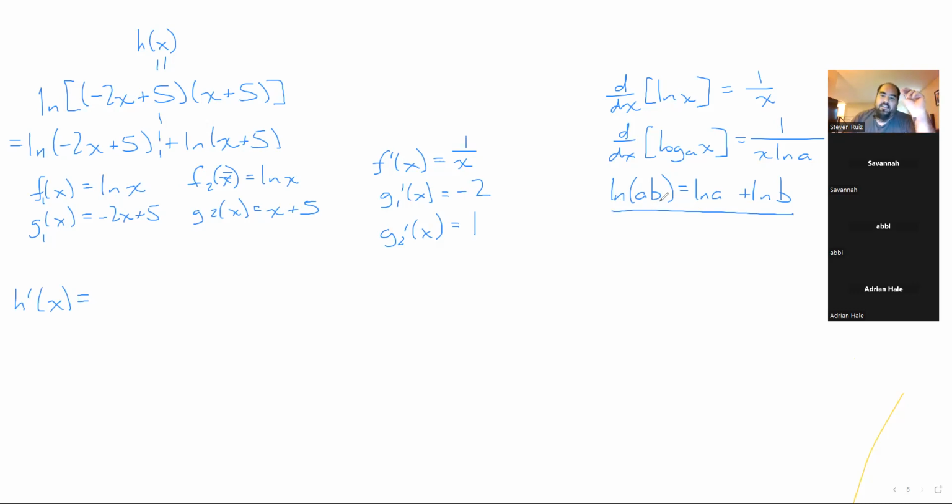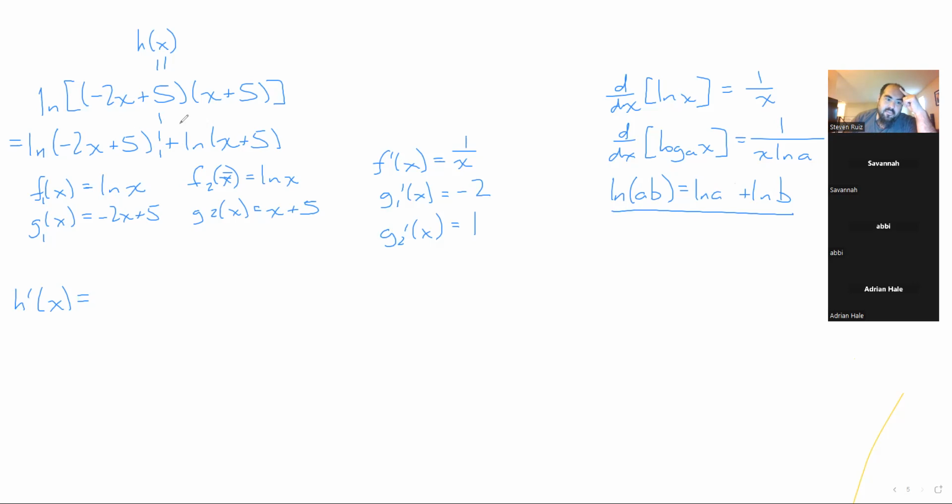If I'm taking the log of something that's really 2 things multiplied by each other, then I can take those logs individually and add them together. So this first step here doesn't involve any calculus. I'm not doing any derivatives yet. I am rewriting the function I was given, hoping that it gives me a derivative that's easier to think about.